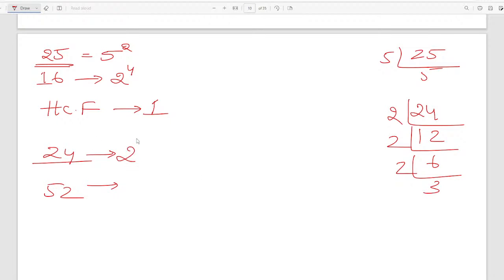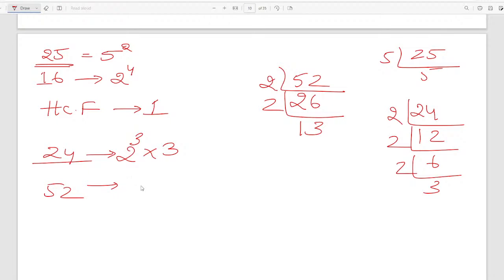This is 2 cube into 3. And 52 is 2 into 26, 2 into 13. This is 2 square into 13.